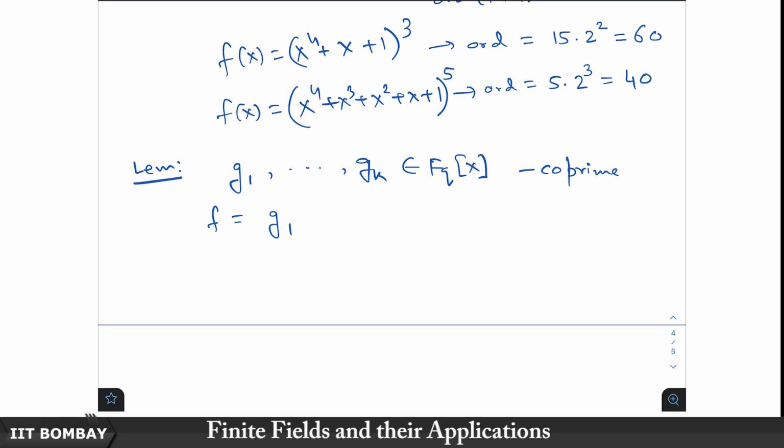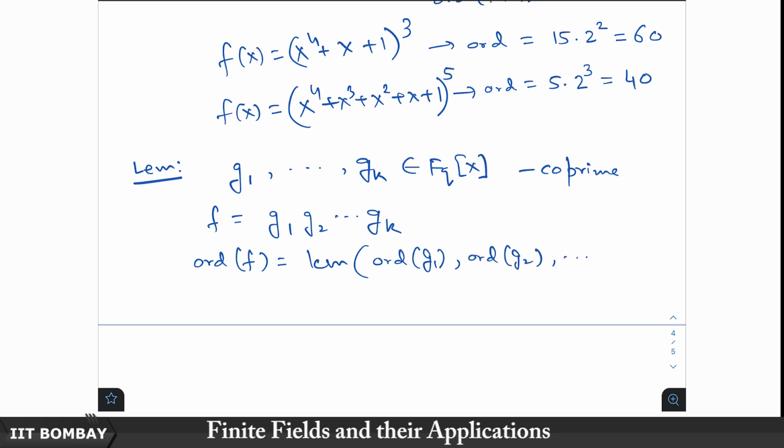They themselves may be powers of irreducible polynomials, for example. If we take the product of such polynomials g1, g2 up to gk, then how is the order of f related to the orders of g1, g2 up to gk? That is what we want to know. And the answer is, the order of f is the LCM of the order of g1, the order of g2, up to the order of gk.